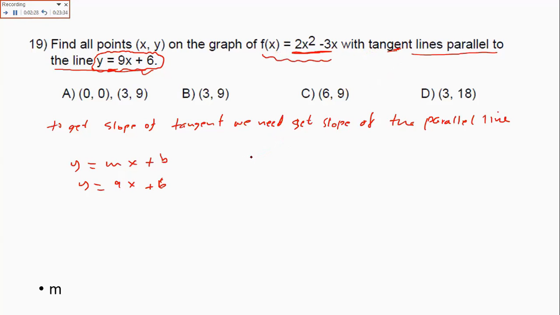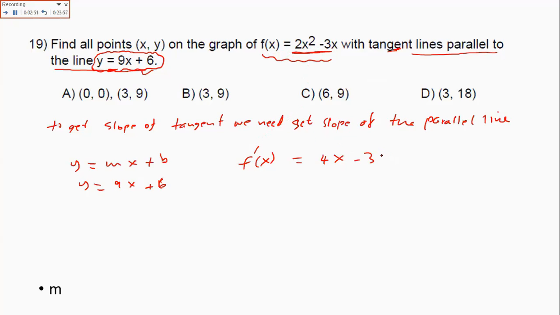Okay, to get the slope of the tangent from this equation, we have to get f prime of x, which is going to be equal to 4x minus 3, right?